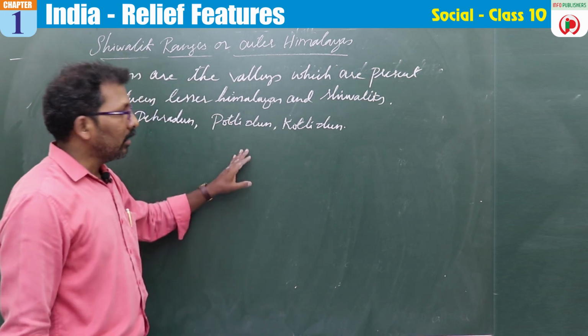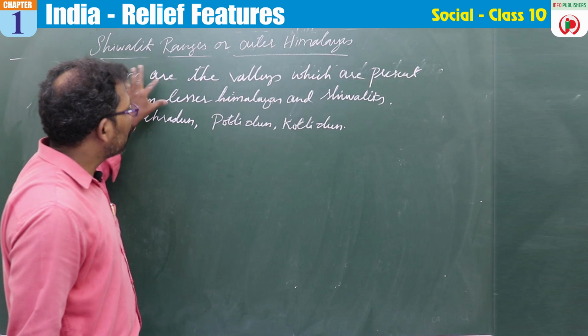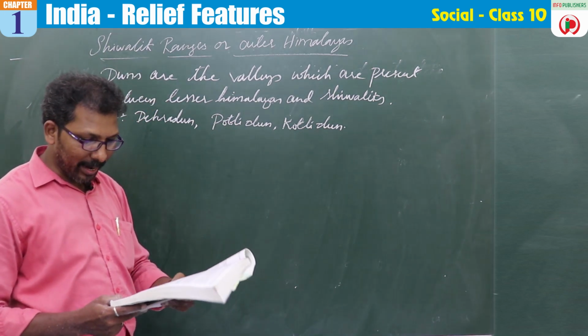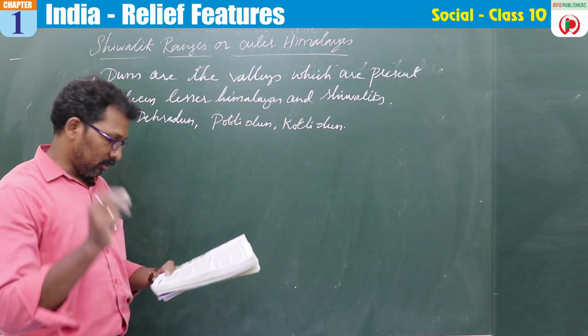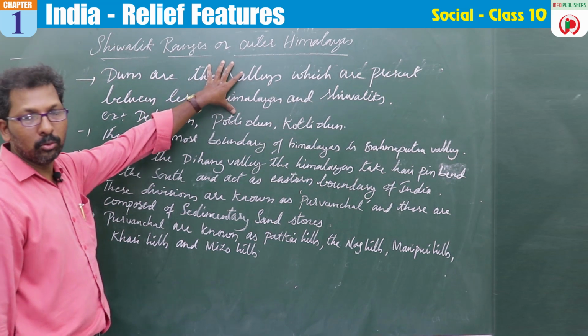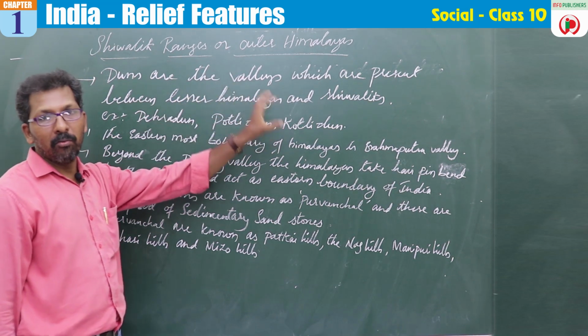So these are some of the examples of the dunes which are present between the Lesser Himalayas and the Shivaliks. Okay, hope you have understood the definition of dunes, the examples of it, and how they were formed.